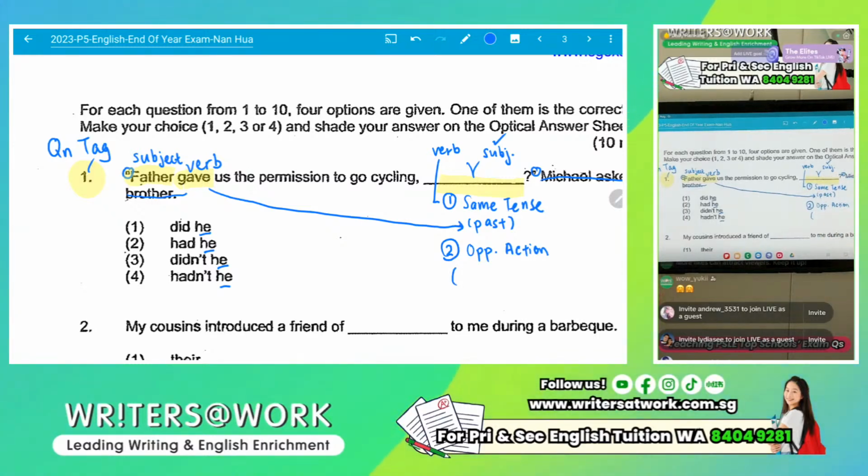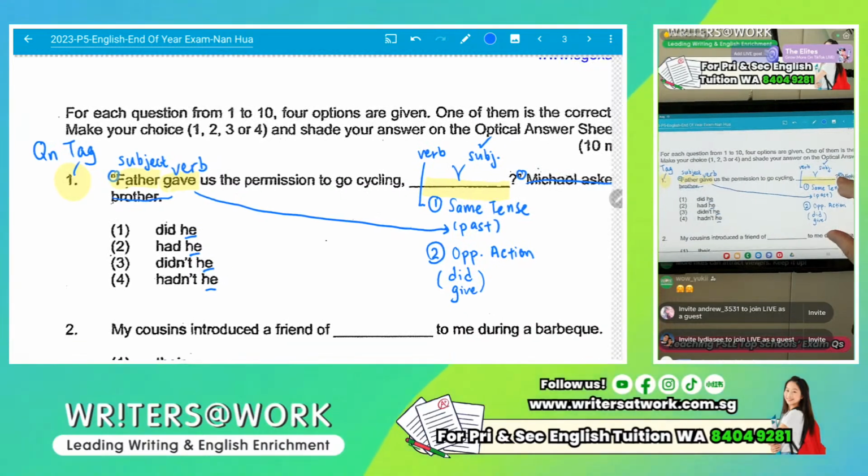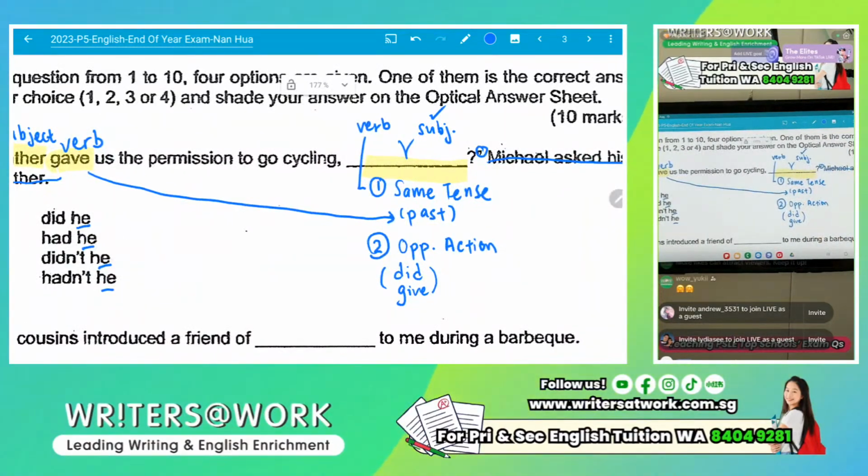In the main statement, we see gave. Gave is the past tense of give, right? So he did give permission. Past tense, remember? Take note, because it's a past tense, so you should be using did. Did give. The opposite of did give would then be did not give.